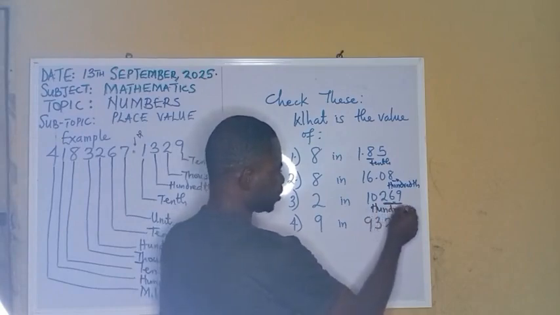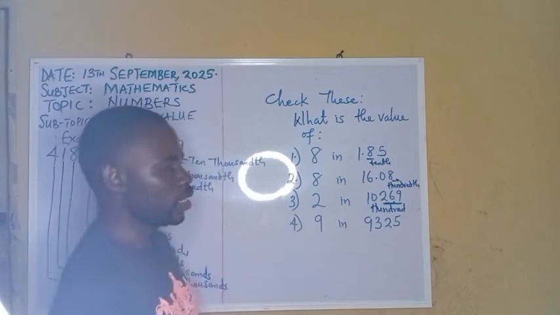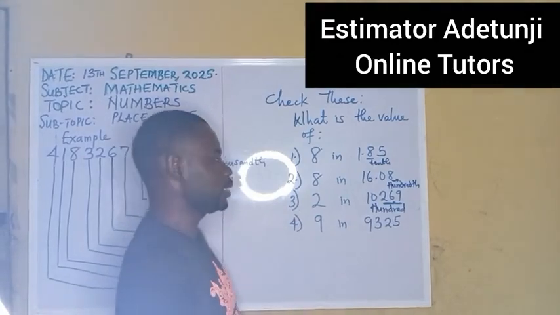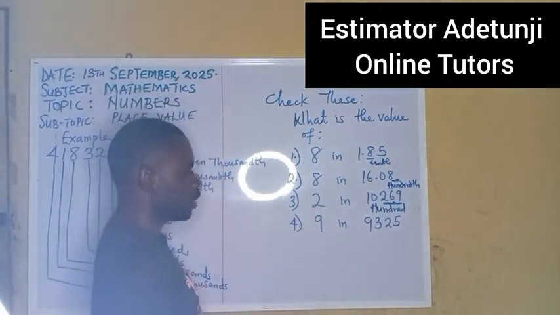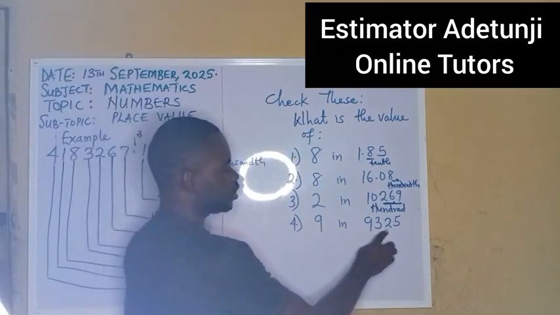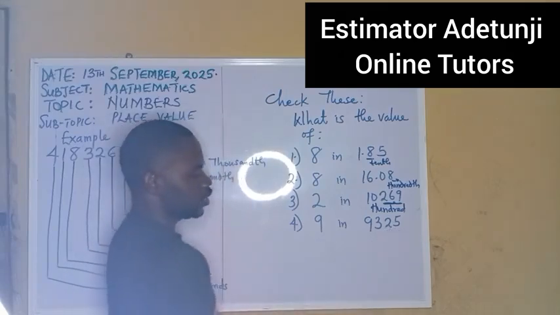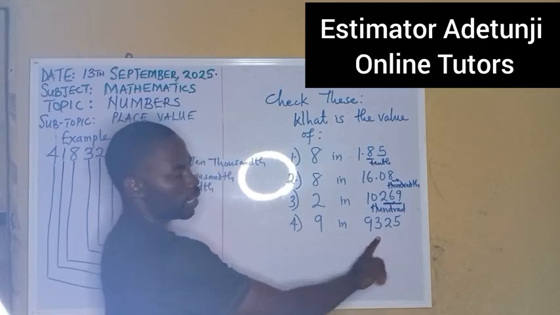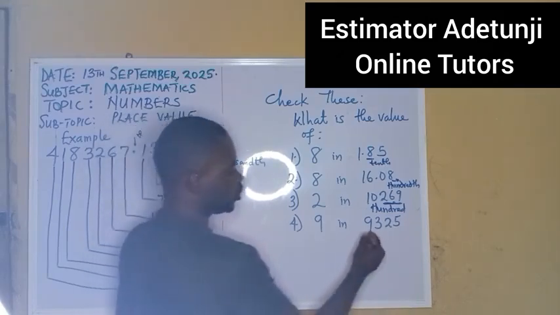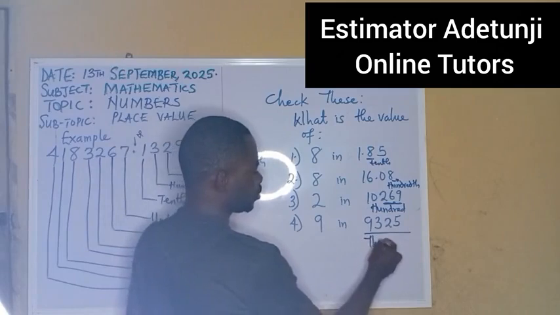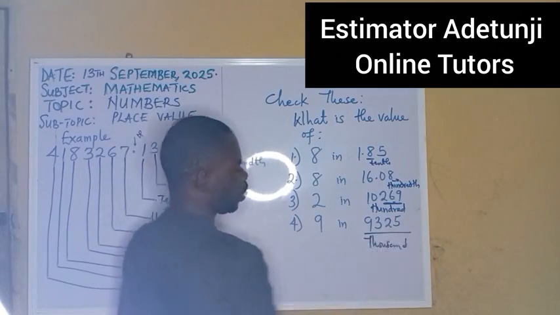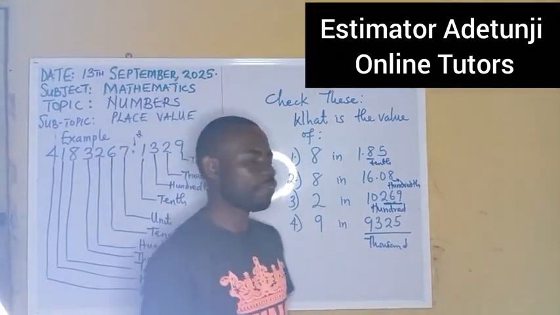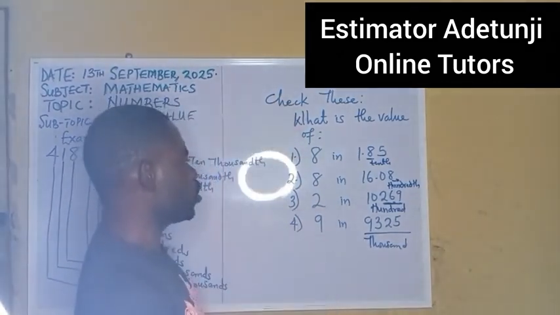That's why we can agree that it is 269, but the comprehensive figure is 10,269. And the last one is: what is the position of 9 in 9325? Checking again: units, tens, hundreds, and thousands. So definitely the position of this 9 is thousands. That's why we can say the number on the board is 9,325. Now we have checked these 4 questions together.